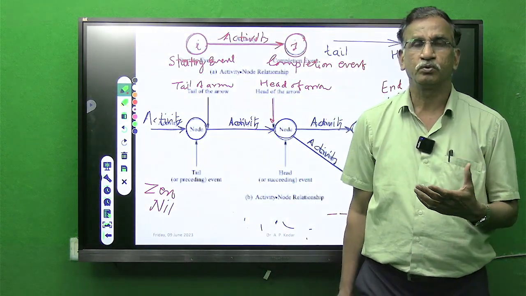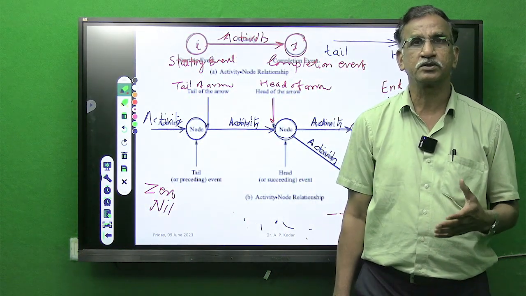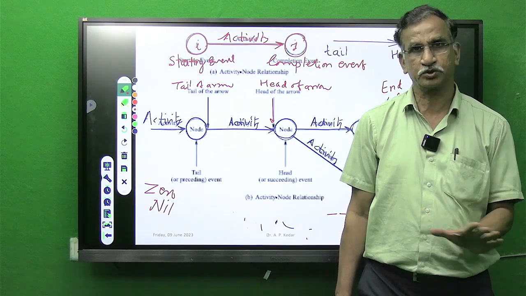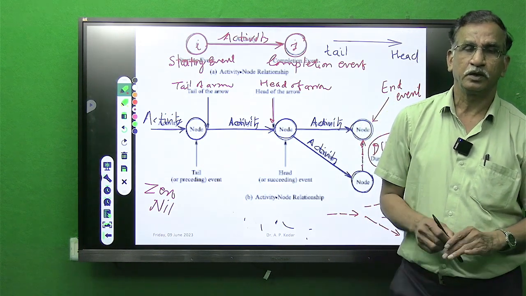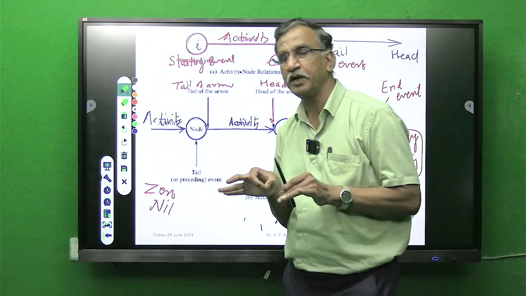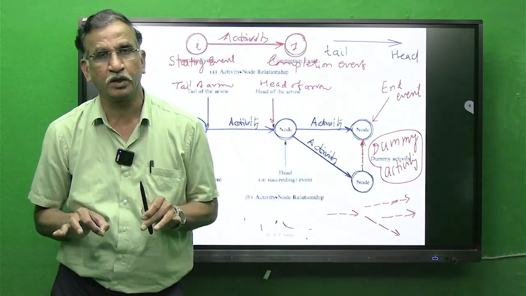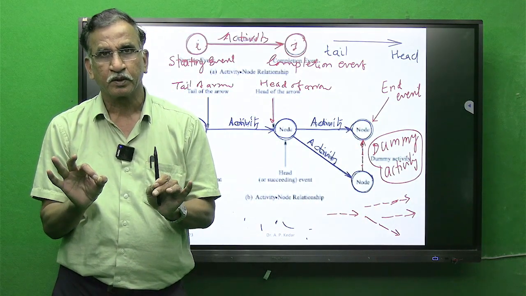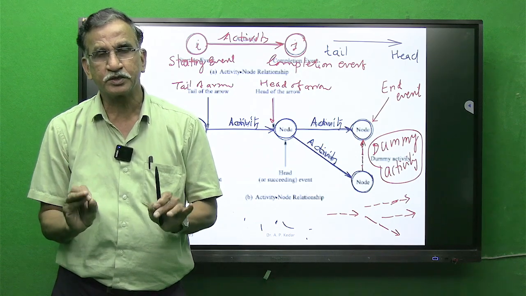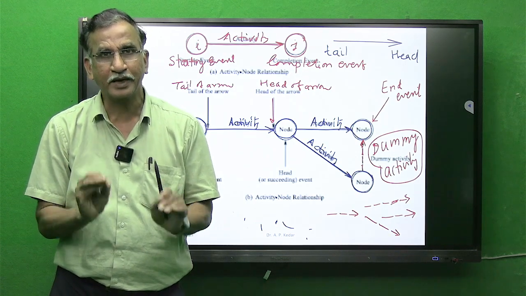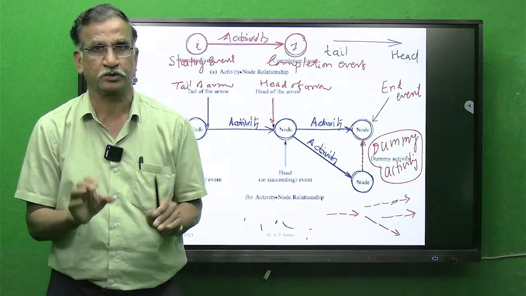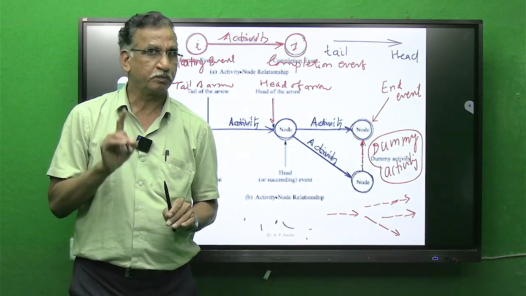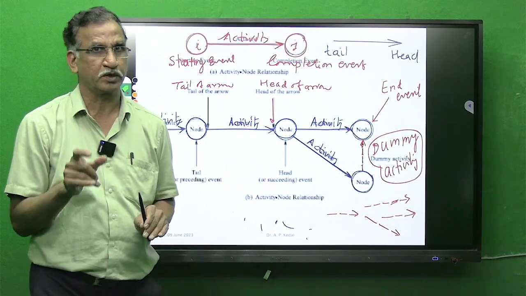Only to satisfy the precedence relationship, that's all. The existence of a dummy activity in a network model is only to satisfy the precedence relationship of various activities of the project. Keep this aspect in mind, a very important aspect.